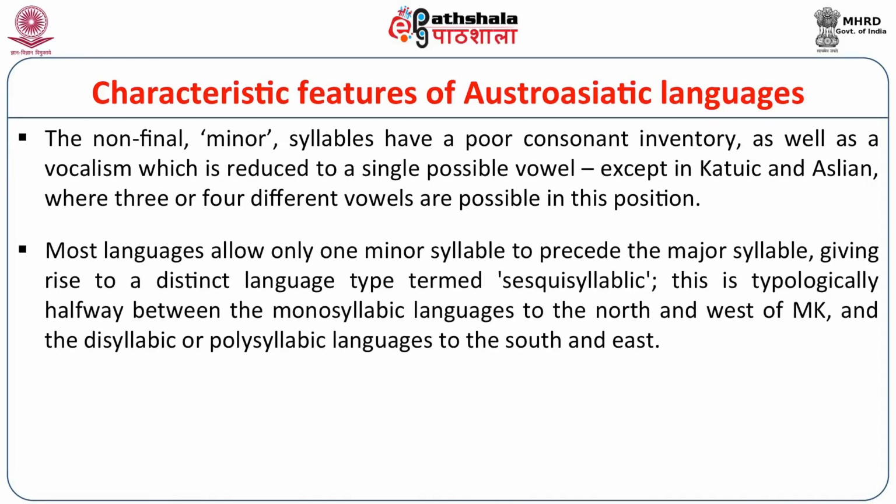Most languages allow only one minor syllable to precede the major syllable, giving rise to a distinct language type termed sesquisyllabic. This is typologically halfway between the monosyllabic languages to the north and west of Mon-Khmer and the disyllabic or polysyllabic languages in the south and east.